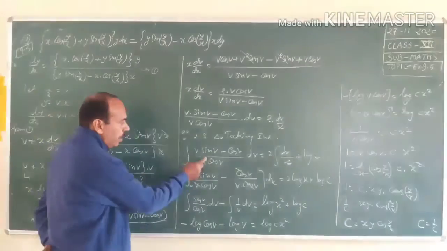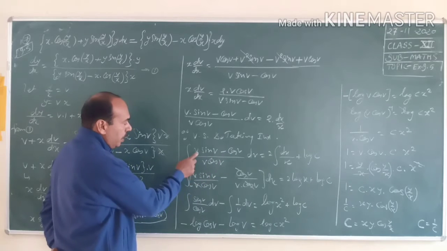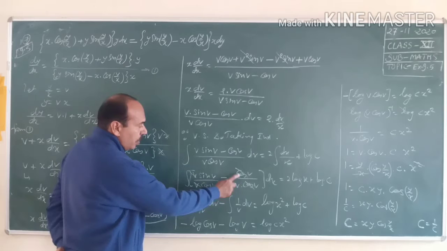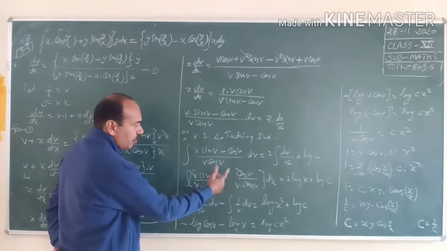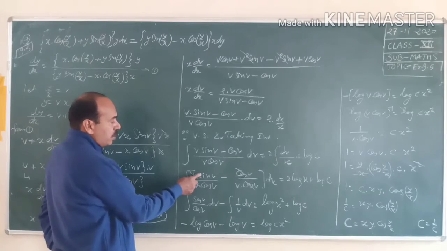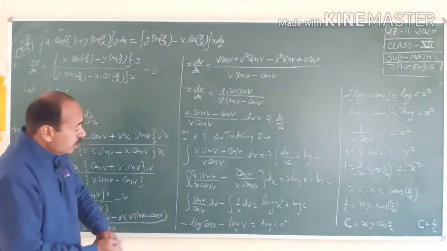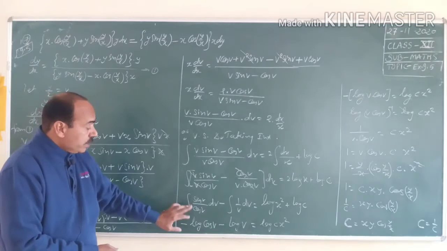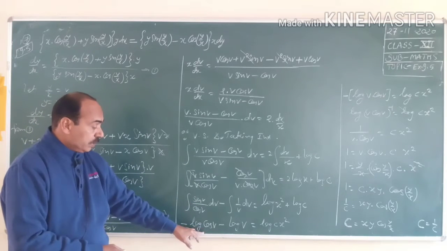When you separate the two terms, v sin v divided by v cos v, and cos v divided by v cos v. In the second, cos v cancels out, leaving 1/v whose integral is log v. In the first, v cancels out, leaving sin v/cos v. Since the differential of cos v is minus sin v, its integral is minus log cos v.